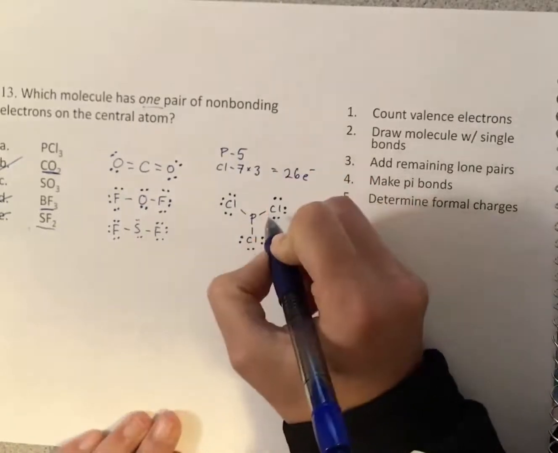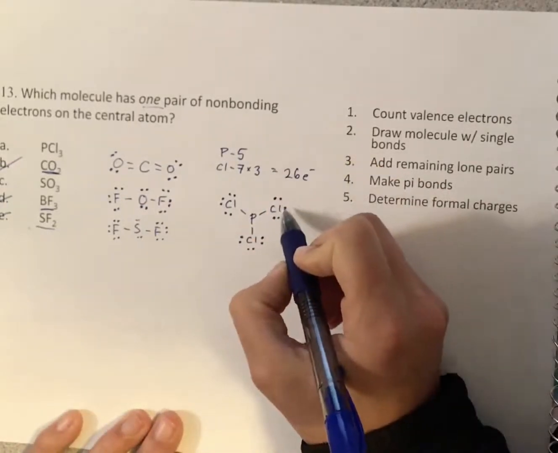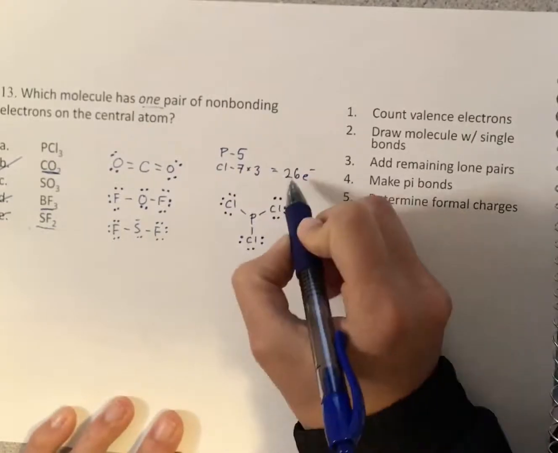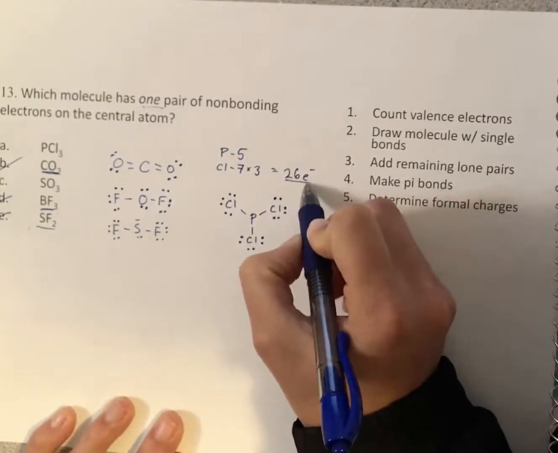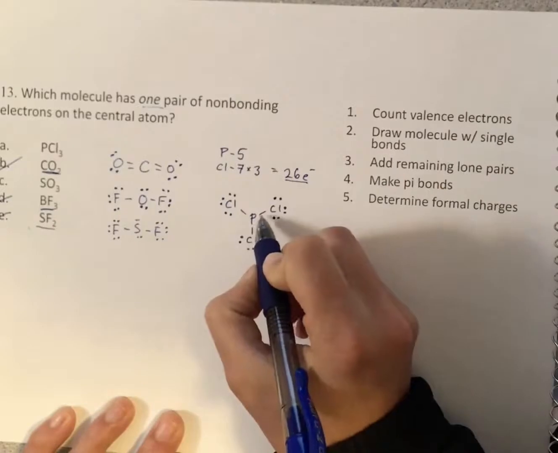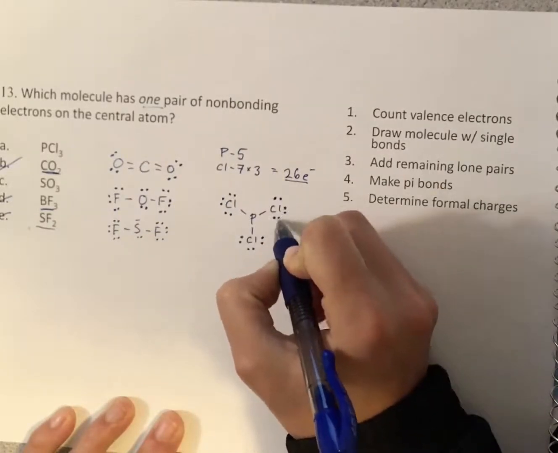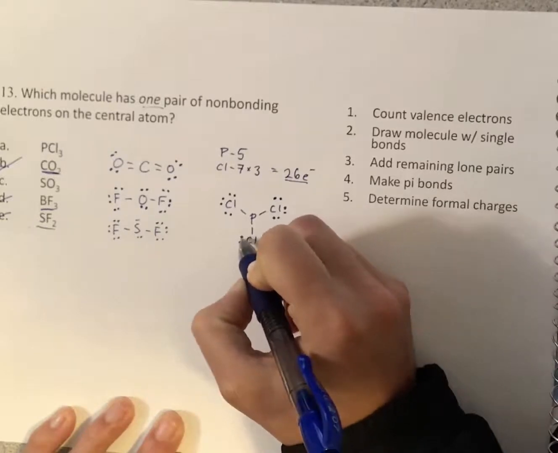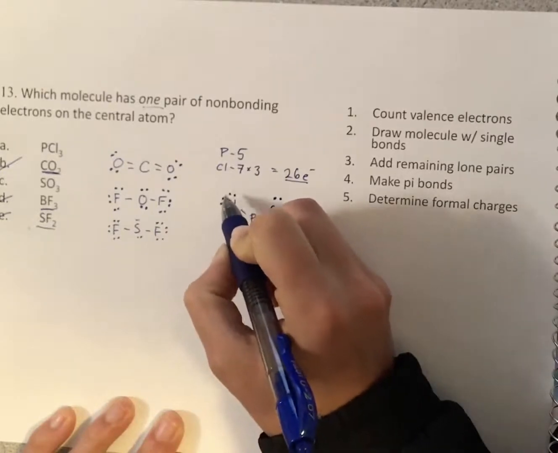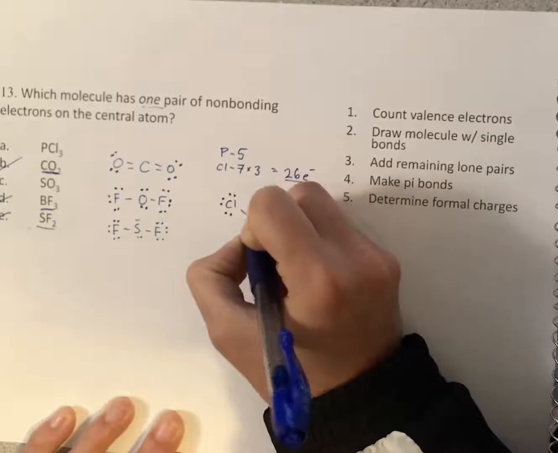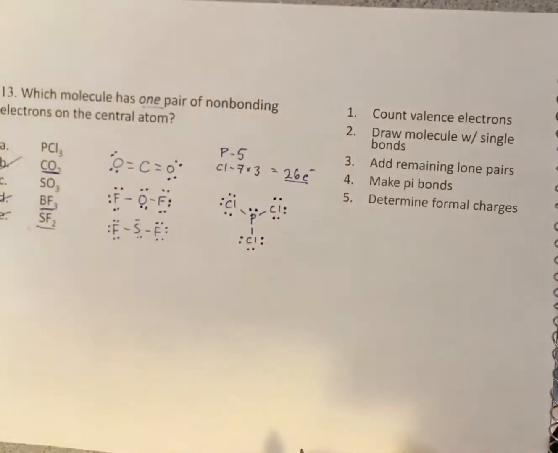Also bromine, can't forget about bromine. We're supposed to do 26 valence electrons. So we have 1, 2, 3, 4, 5, 6, 7, 8, 9, 10, 11, 12, 13, 14, 15, 16, 17, 18, 19, 20, 21, 22, 23, 24. So our last two have to go on the phosphorus.